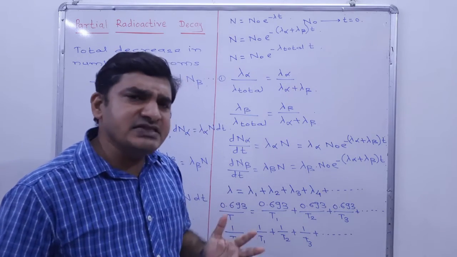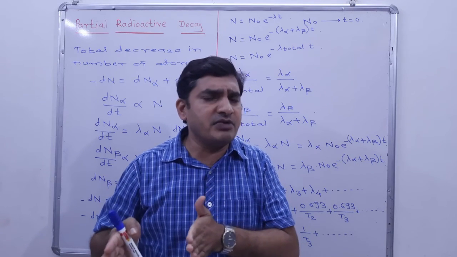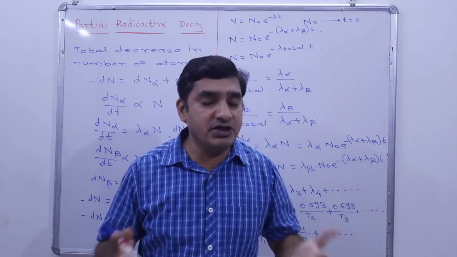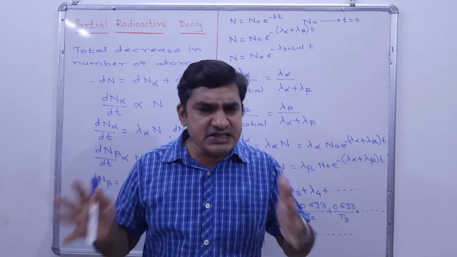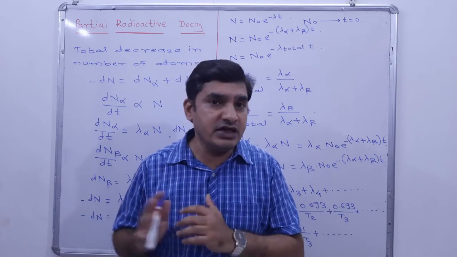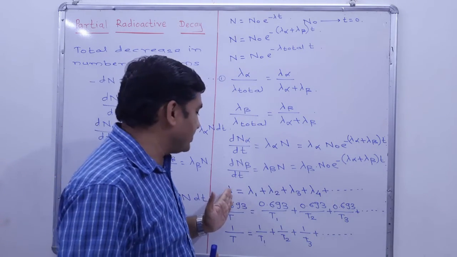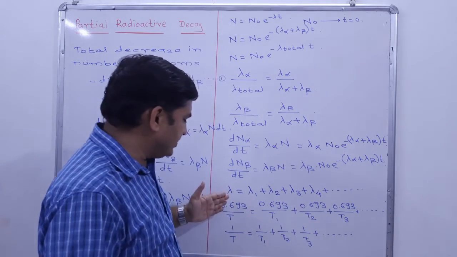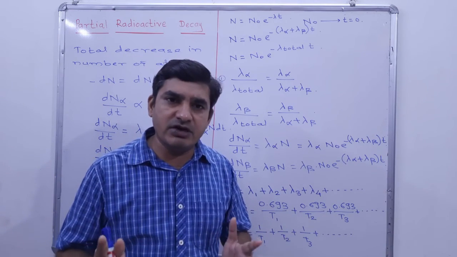We can say that when there is an emission of an alpha particle, at the same time a beta particle can also be emitted. So there is disintegration by different modes, and this is partial radioactive decay. Therefore the total decay constant can be written as lambda is equal to lambda 1 plus lambda 2 plus lambda 3 plus lambda 4 and so on. According to half-life, T is equal to 0.693 divided by lambda.